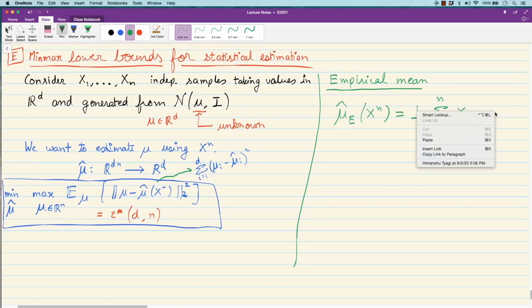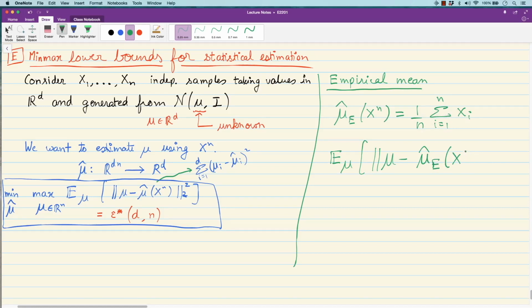So how good is this estimate? Let's try to compute its mean square error. The expected value under mu of the norm of mu minus mu hat_E of x^n, squared, is the summation i equal to 1 to d. You can take this expectation inside: the expected value over mu of (mu_i minus 1 by n summation j equal to 1 to n of x_j, the ith coordinate of the jth sample), squared.